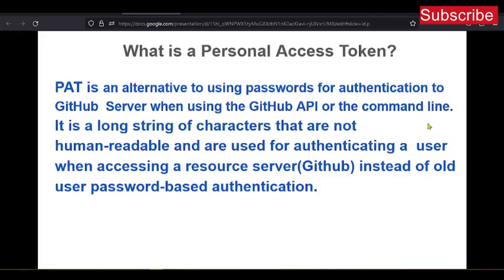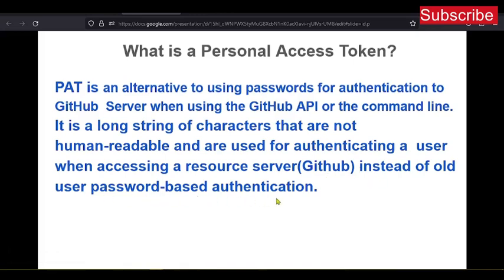We're asking, what is a personal access token? A PAT, or a personal access token, is an alternative to using passwords for authentication to GitHub server when using the GitHub API or the command line. It is a long string of characters that are not human readable and are used for authenticating a user when accessing the resource server such as GitHub instead of old user password based authentication.